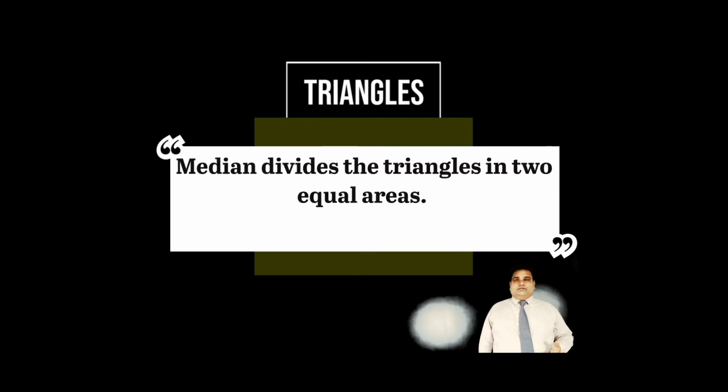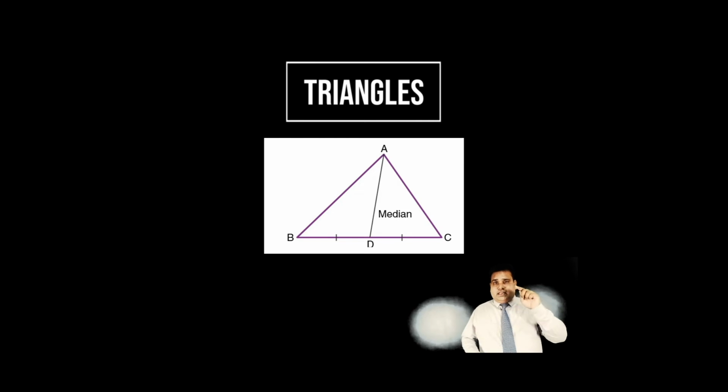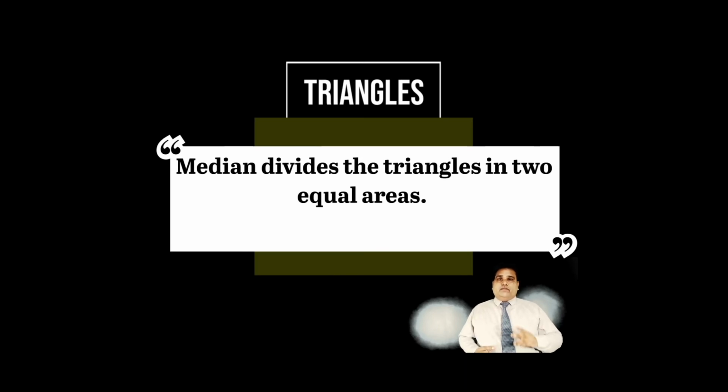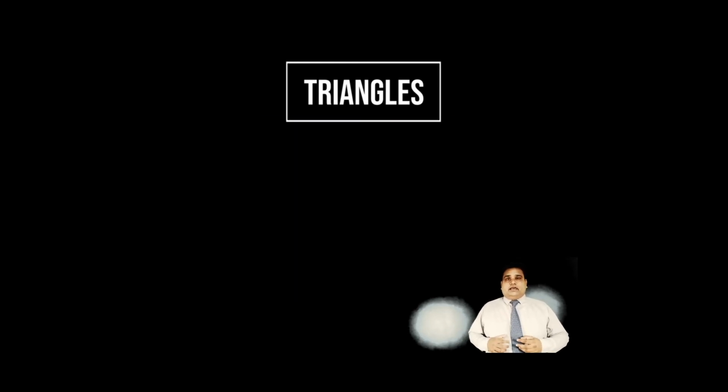If we draw AE as a median in triangle ABC, AE will divide the triangle into two triangles, triangle ACE and triangle AEB. Because AE is a median, the two triangles formed, ACE and AEB, will be equal in area.